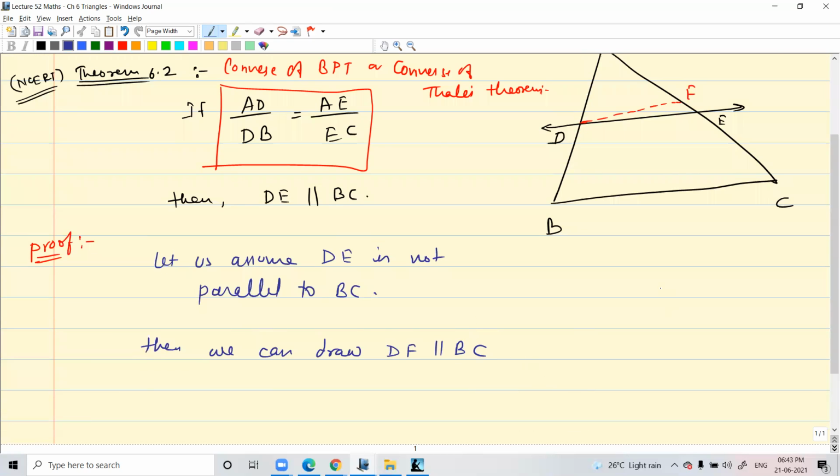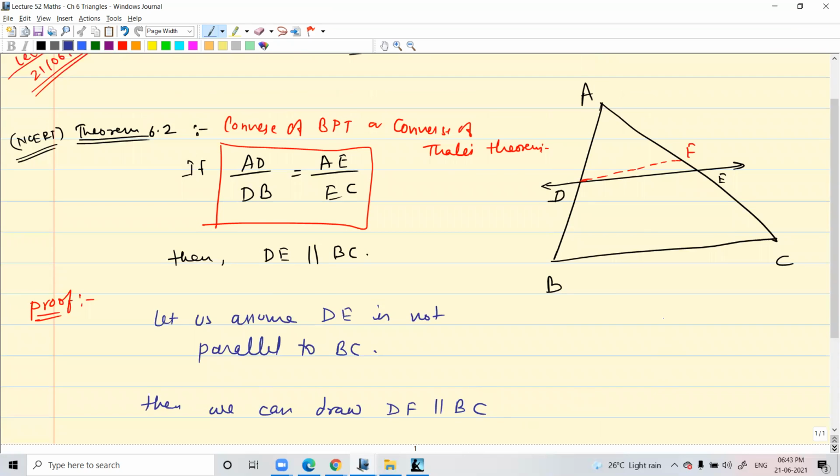Okay, so now what happens? What does the Thales theorem or the basic proportionality theorem tell us? If DF is parallel, then what will happen? Use the BPT and tell me. If DF is parallel to BC, forget about DE right now, all of you. AD by BD will be equal to AF by CF. Yes, absolutely right.